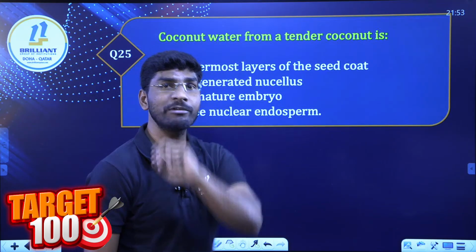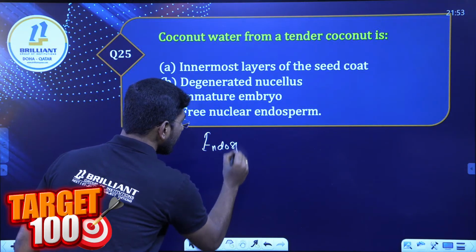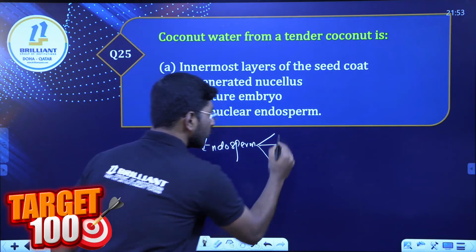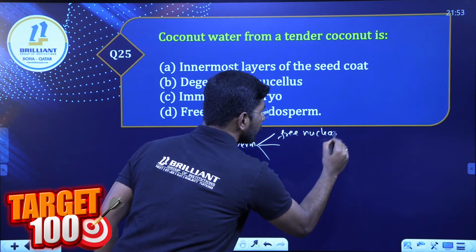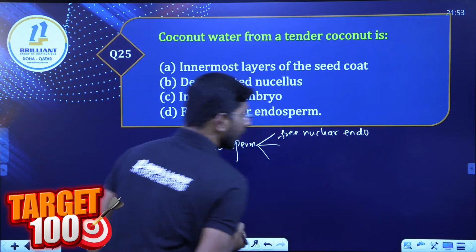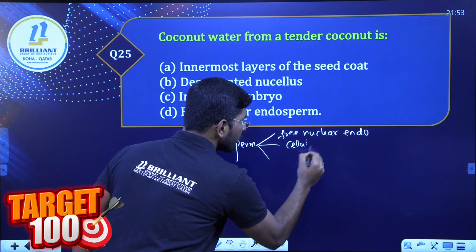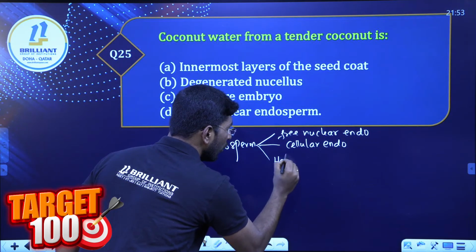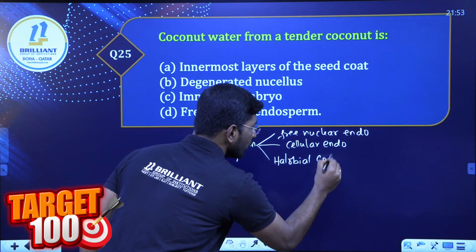There are three types of endosperm. It is a 2 mark question. First one is called free nuclear endosperm. Second one is called cellular endosperm. Third one is called helobial endosperm.